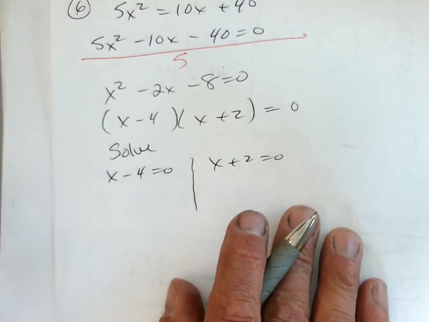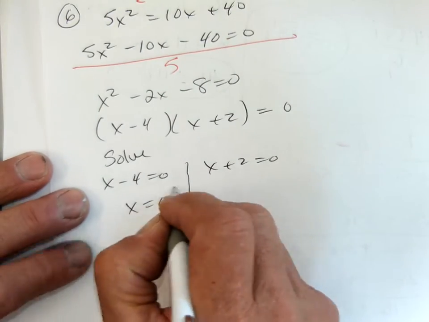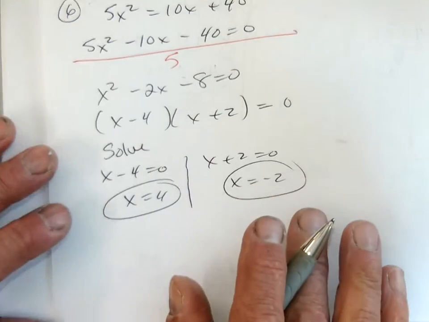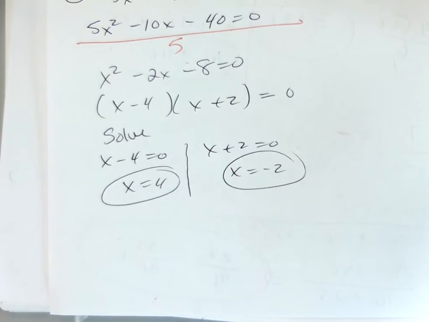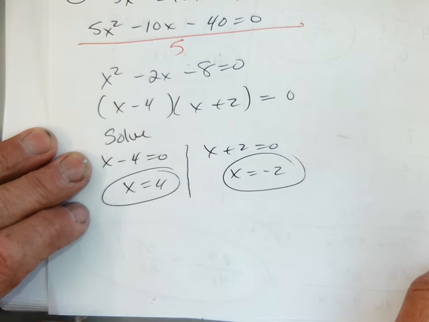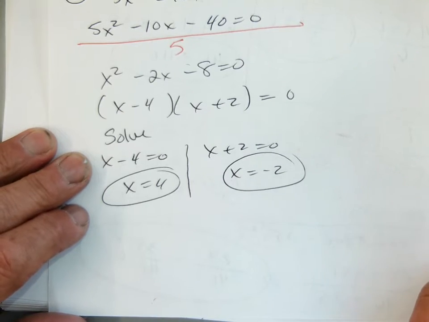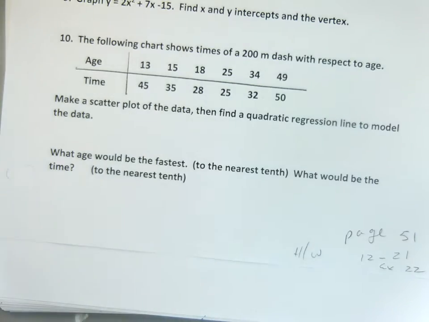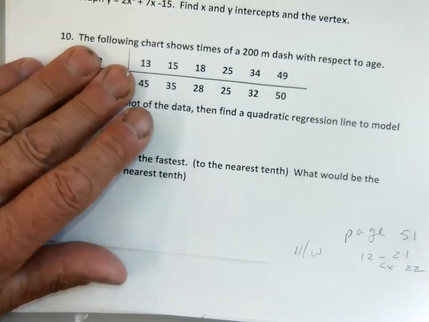Plus 4, x equals 4, minus 2. Okay. How's that? Okay, thumbs up. All right. And keeping my work over here if anybody wants a picture of it later, okay?